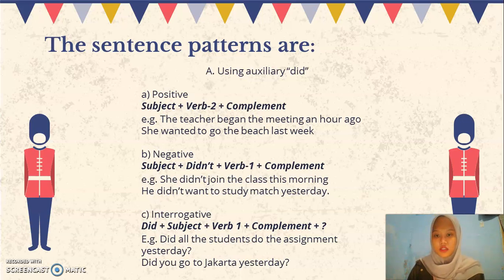The formula is did plus subject plus verb 1 plus complement plus question mark. For example, did all the students, as a subject, do the assignment, as the verb 1, yesterday, as the complement? Or did you go to Jakarta yesterday?